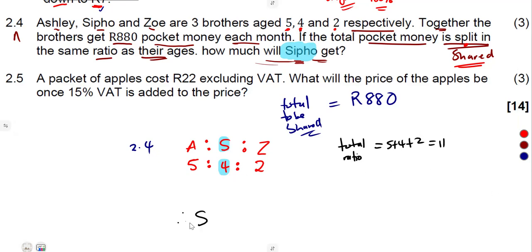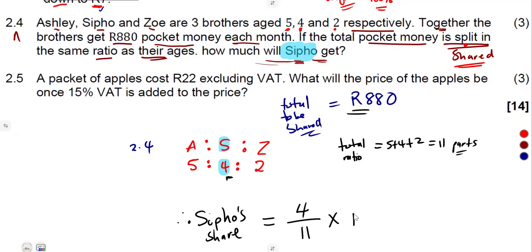So therefore, Sipho's share: she has got 4 parts out of 11 parts, times what they are sharing, 880 rand.